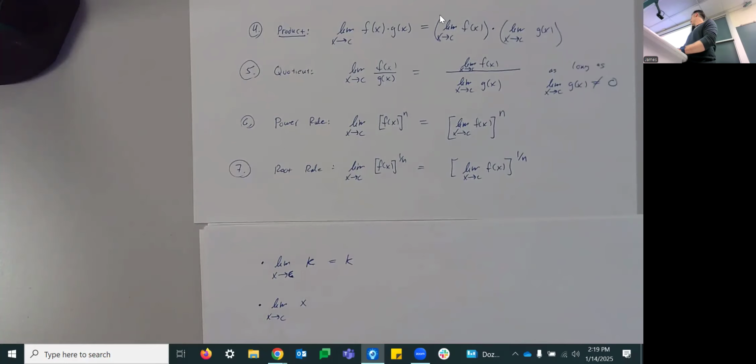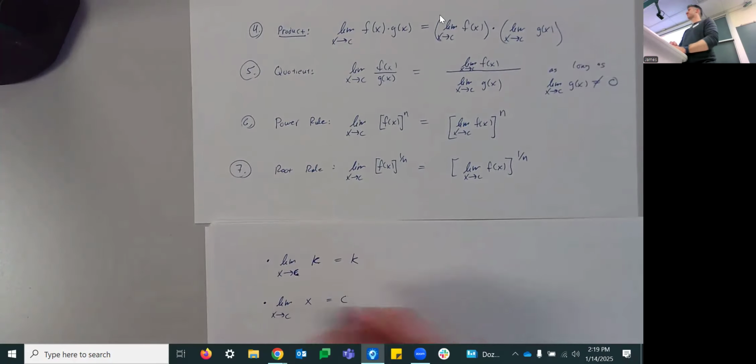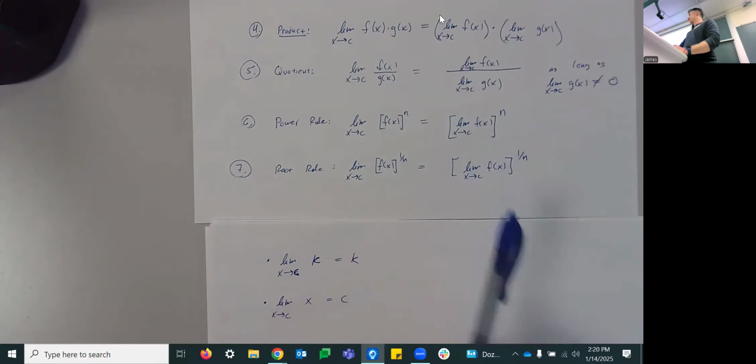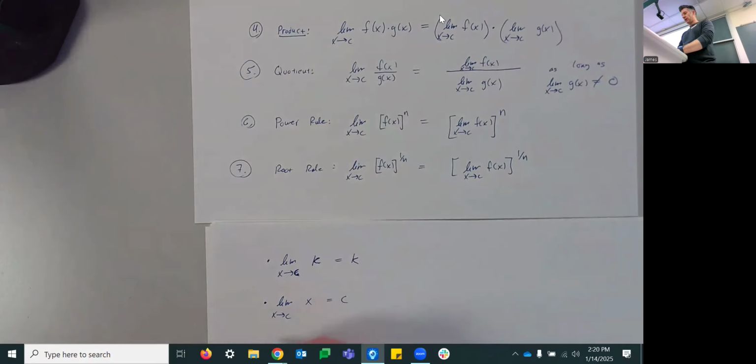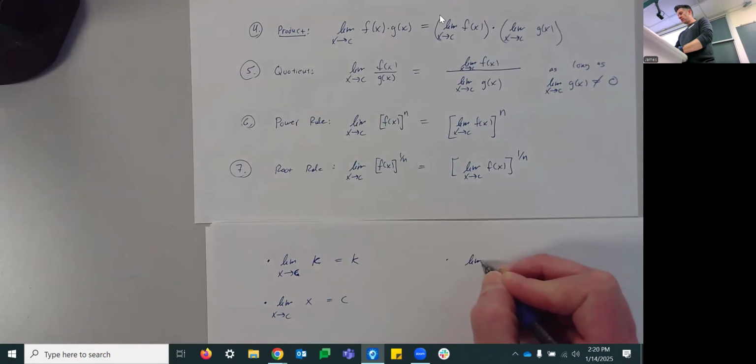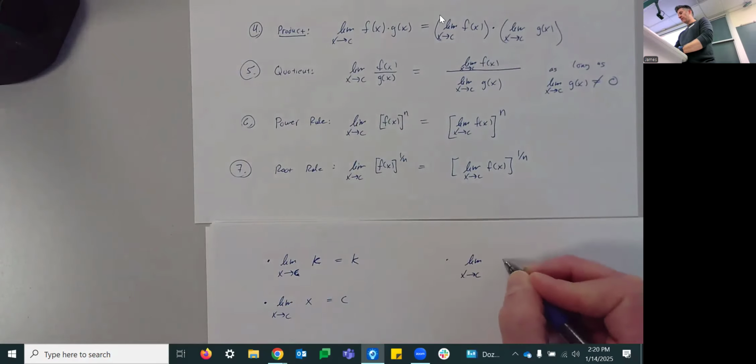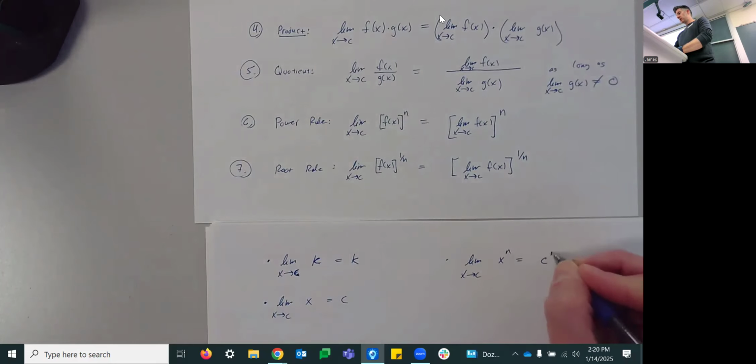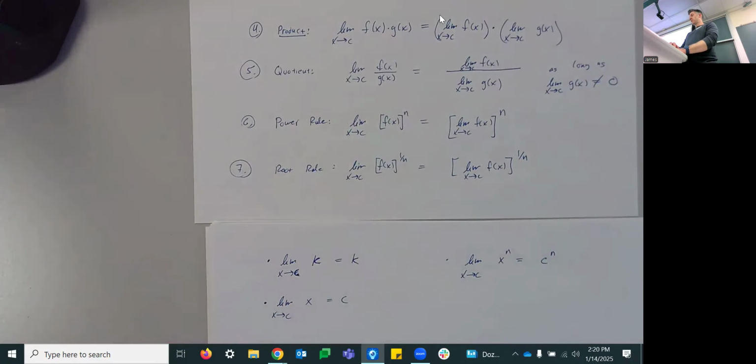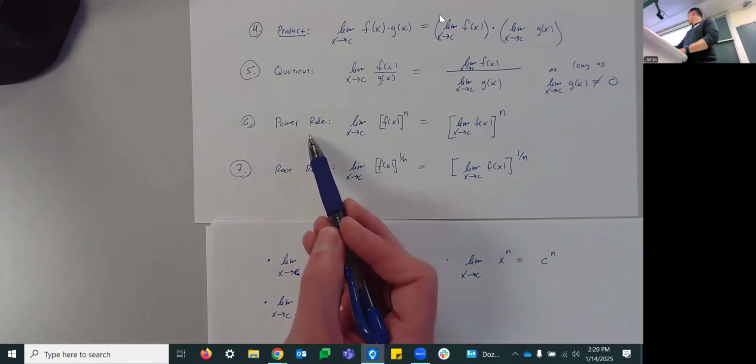Well, literally you're saying, as x is really, really close to c, what is x getting close to? c. And then we can kind of apply all these rules. We want to get a few more things, like the limit as x approaches c of x to some power is just going to be c to that power, kind of combining both this rule and this power rule here.